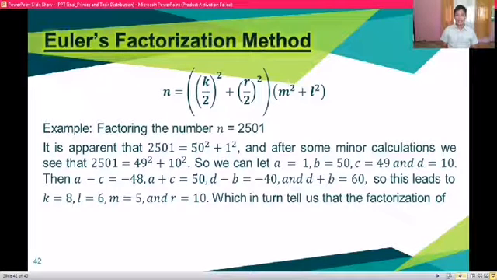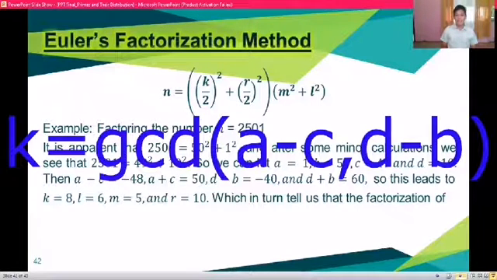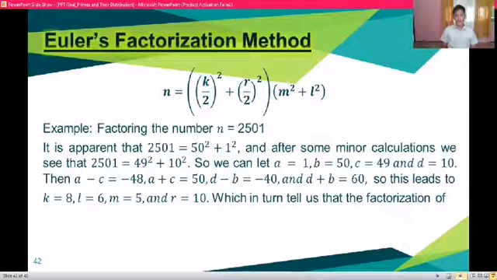So kanina sinabi ko na, and then in-explain na dito sa proof and definition ni Euler. Now, let K is equal to the GCD of A minus C and D minus B. So, ano yung values ng A minus C?